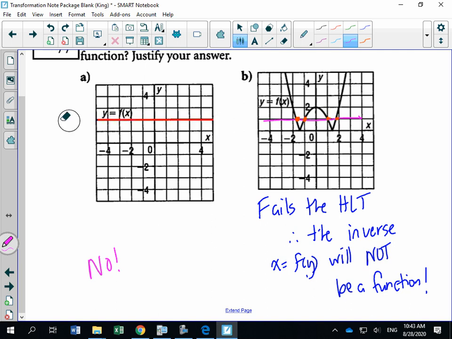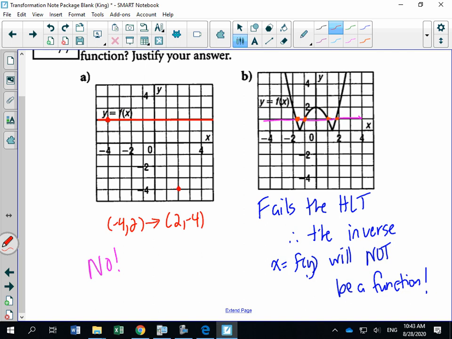But let's actually draw this one. If I pick points on my original graph, this one is (-4, 2). The inverse is going to be (2, -4), so x is 2, y is -4. It's going to go there.